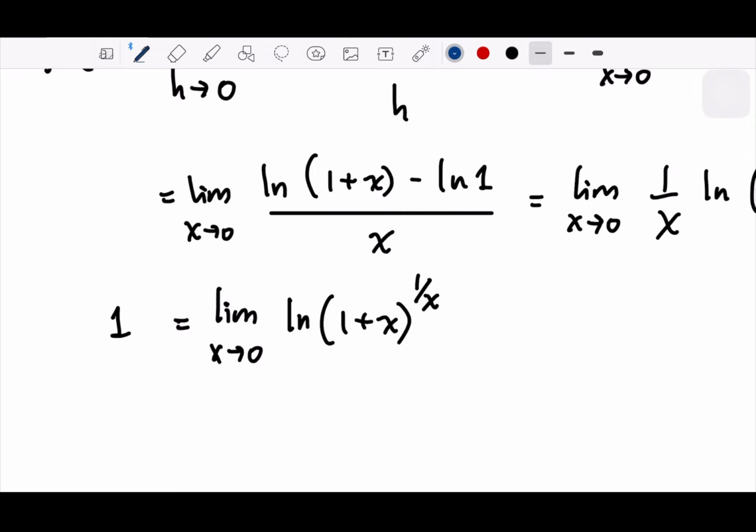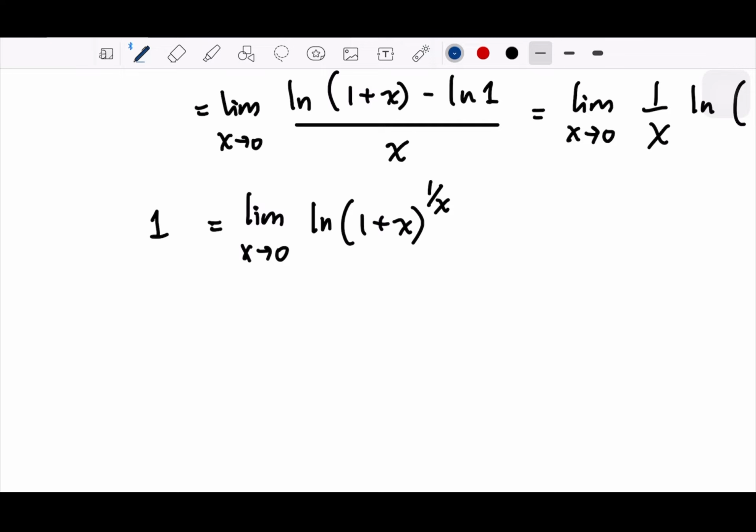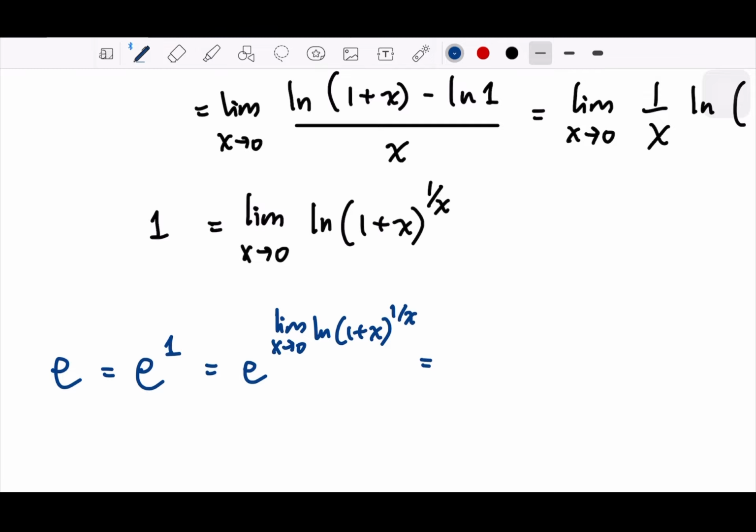And if we remember, if we imagine this 1 as the power of e, then this will be e to the limit, and by the limit property, we can move the limit down here, and this will be ln of (1 plus x) to the power 1 over x.